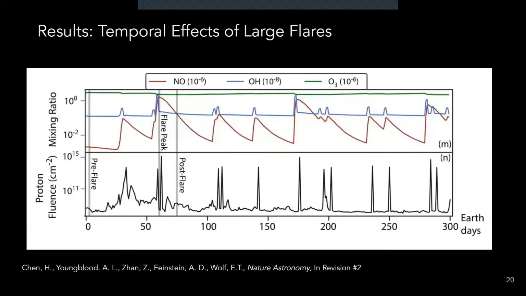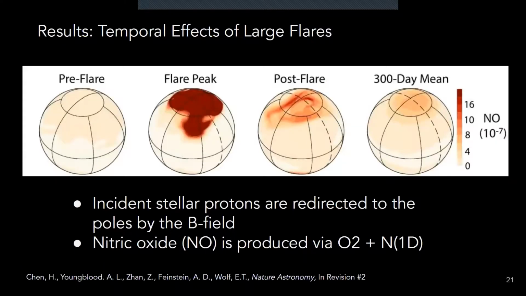And by the way, showing here is a scenario for a magnetized planet. And we can see that the spatial distribution does confirm that it is magnetized, given that most of the effects occur in the poles during the flare peak.